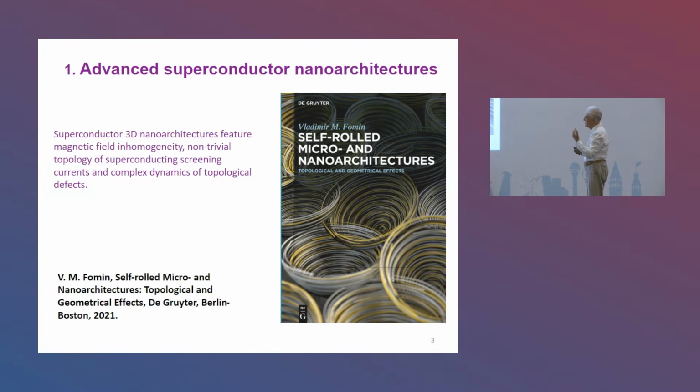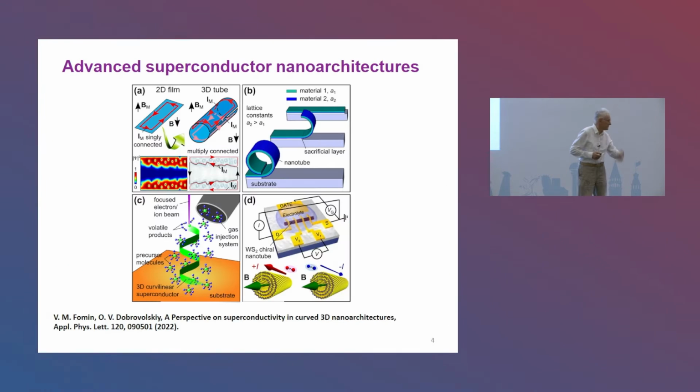This was a part of my recent book on self-rolled micro and nano architectures, published last year. A kind of overview of these advanced superconductor nanoarchitectures was provided this year in our perspective paper together with Professor Dobrovolsky here.